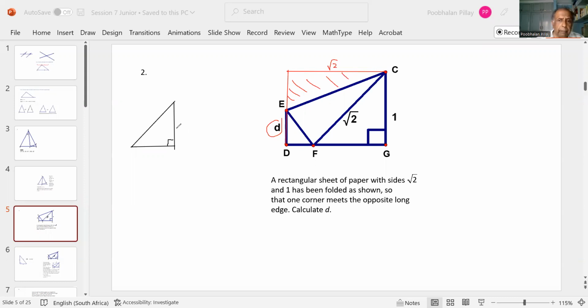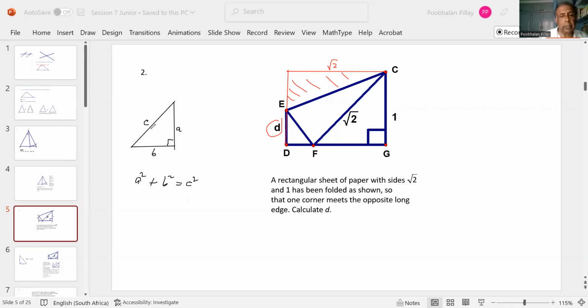Then you have this very nice result: the two sides which contain the 90 degrees, if you square each side and add them, you're going to get the square of the third side, which is called the hypotenuse.